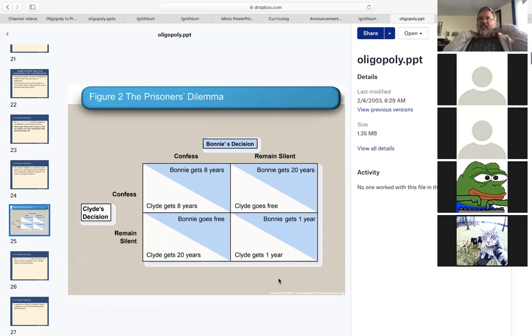So what this is supposed to illustrate is that there's a tension between Bonnie and Clyde's decision that's motivated by self-interest and the motive to cooperate or help out the other person who's your friend.